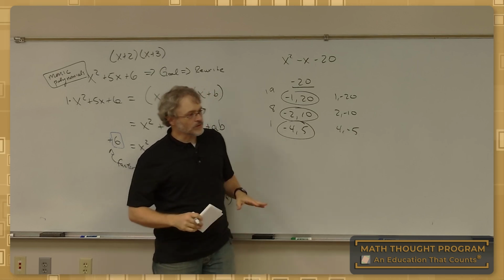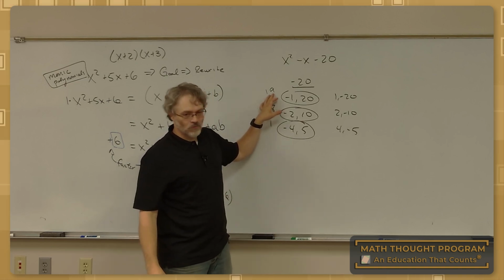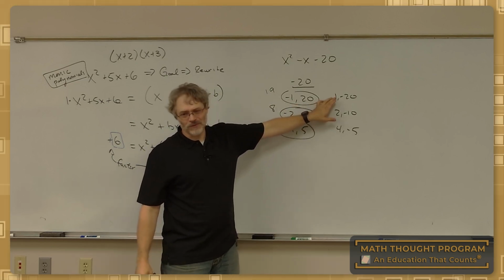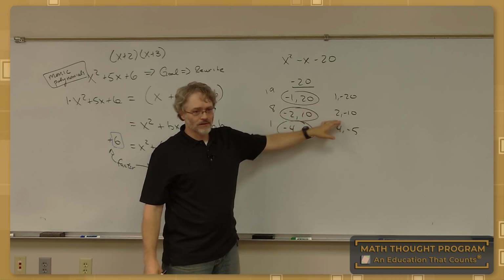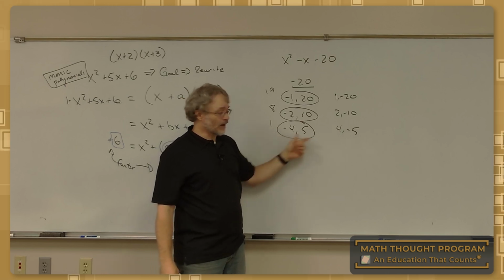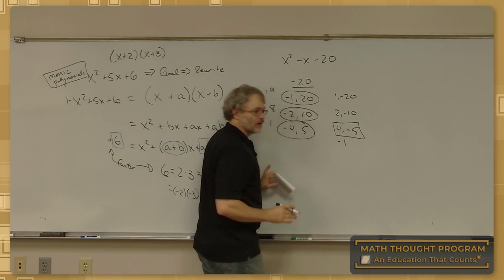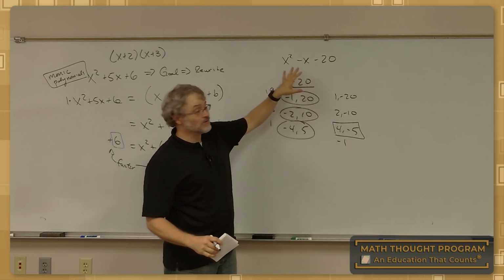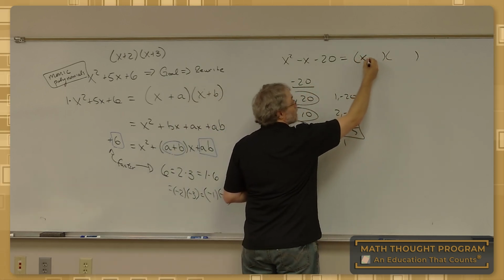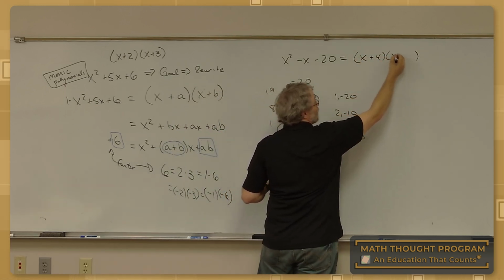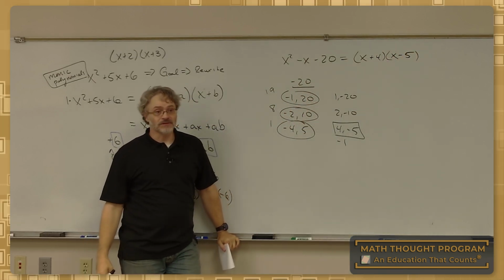And another thing that I want to do when I'm factoring is use a little bit of strategy. This is really far off, so probably don't want to look at this. That's kind of far off too, so I probably want to look at that one. But if I just reverse the sign, I'll get my -1. So I have 4 and -5, -1, and that's exactly what I have up here. So I'll have (x + 4)(x - 5). And the process is complete.